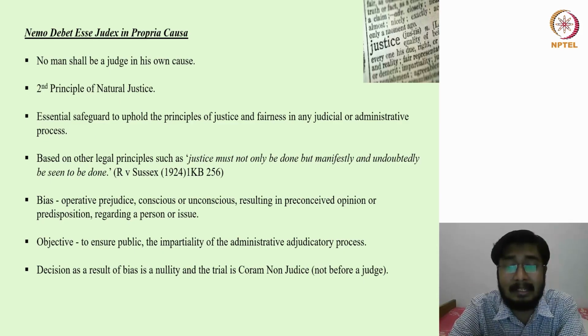What it simply means is justice needs to be done in the best possible manner, and it should not seem that justice is being done in an unfair manner where one person is being biased towards the other. Well, that brings me to the word bias.